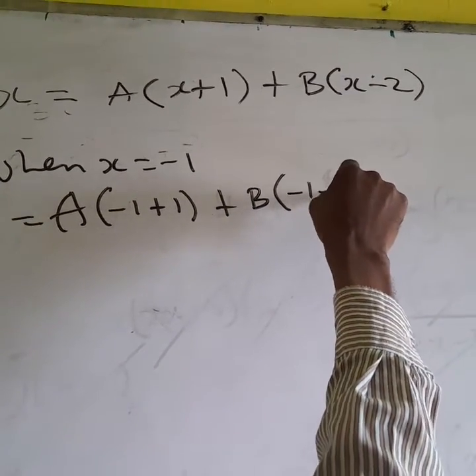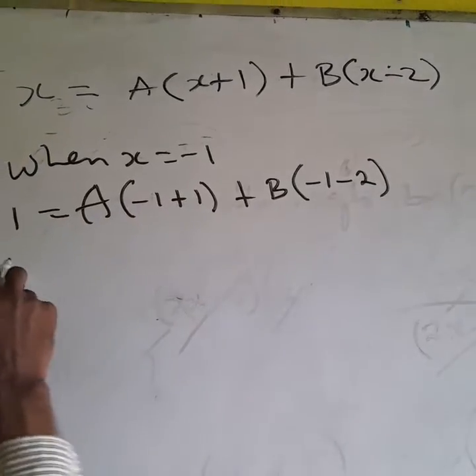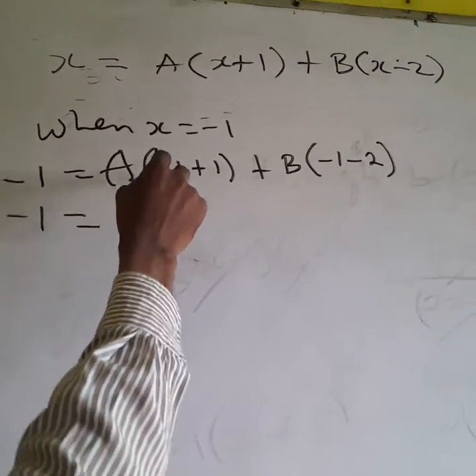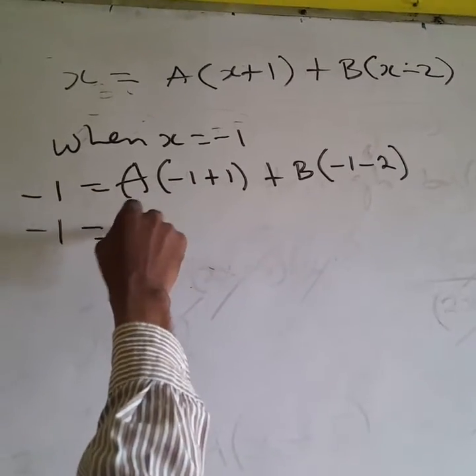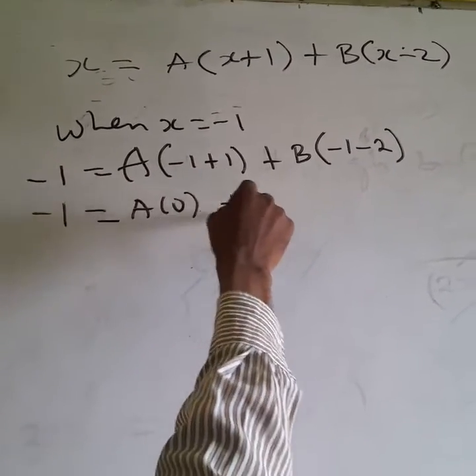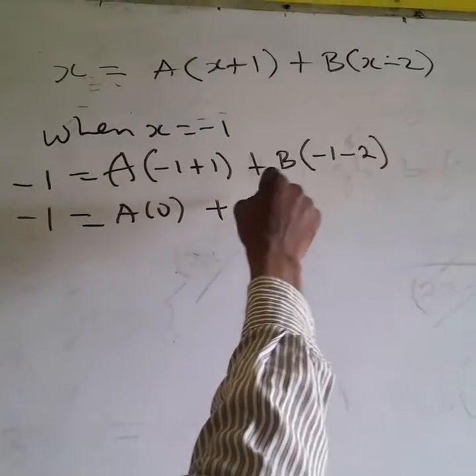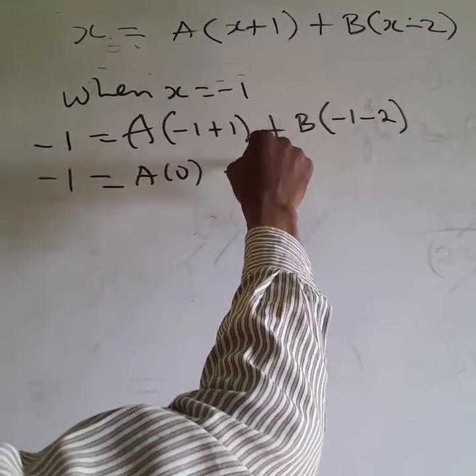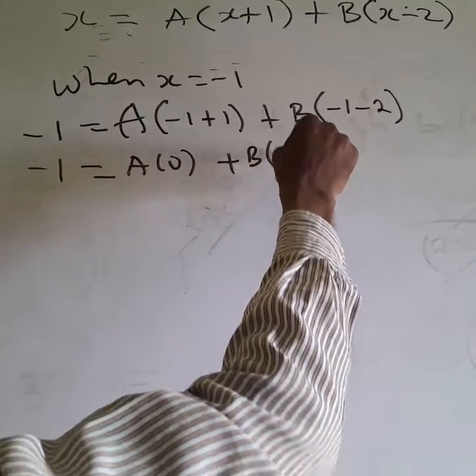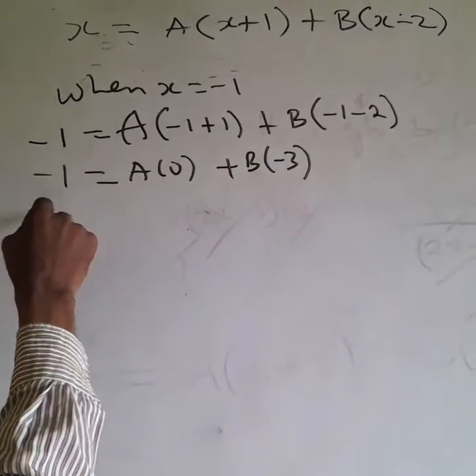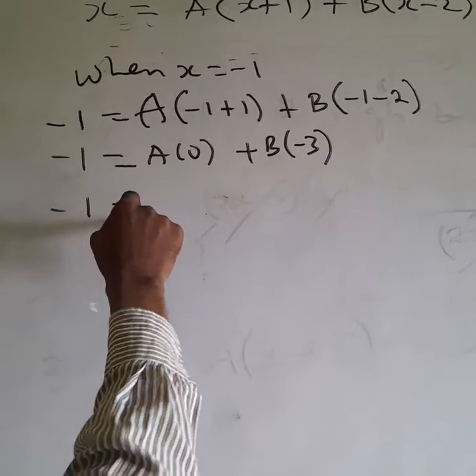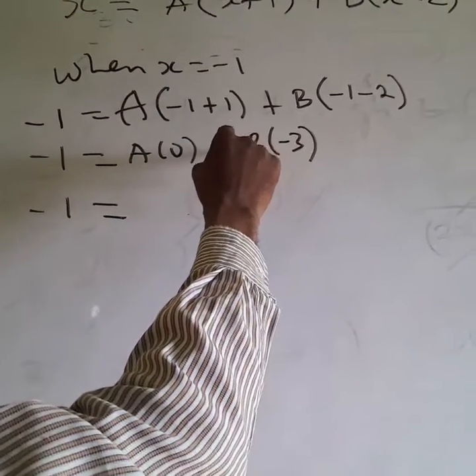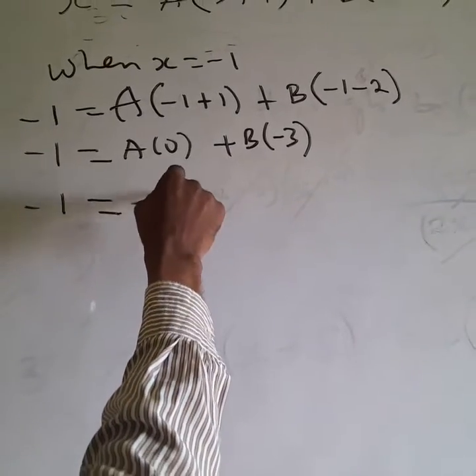So here is minus 1 equal to a into minus 1 plus 1, plus b into minus 1 minus 2. Minus 1 plus 1 is 0. So plus, minus 1 minus 2 is minus 3. We have b into minus 3. So the a term is 0 automatically. We have minus 1 equal to minus times plus, which gives us minus 3b.